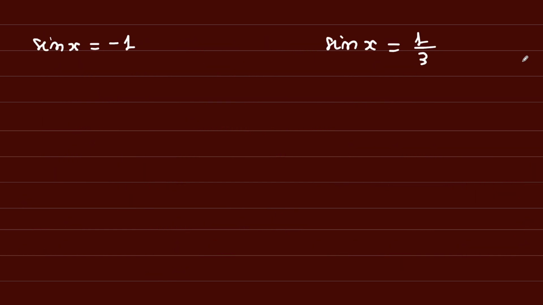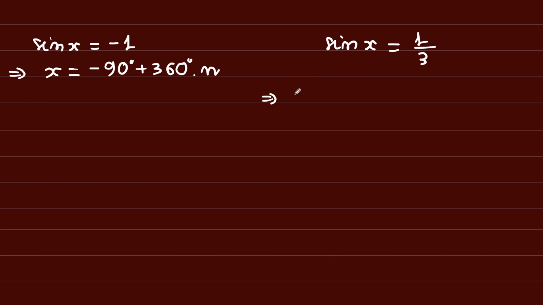Is that true? I think so. And for here, that is the special value for sine x. x will become minus 90 degrees plus 360 multiplied by n. And is that 19.5 for this one? 19.5, I think so. And the same thing as the previous question for sine x equal to 1 over 3.